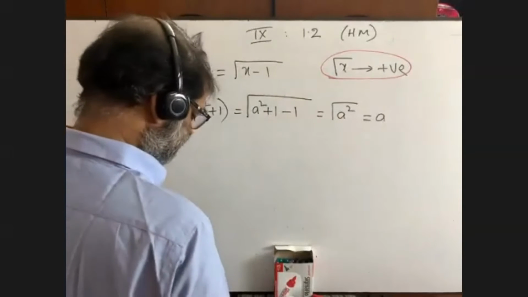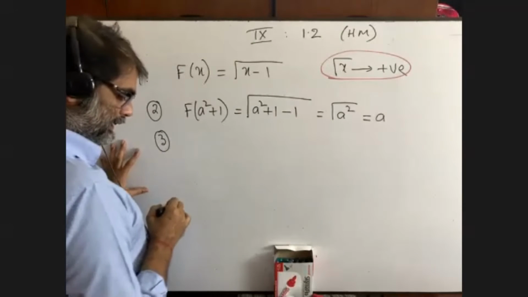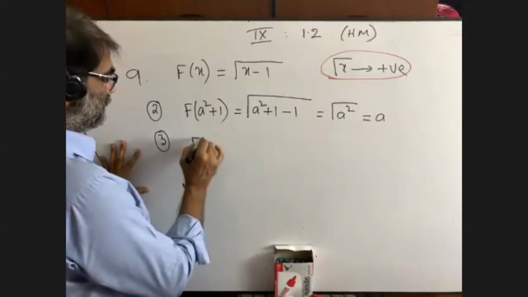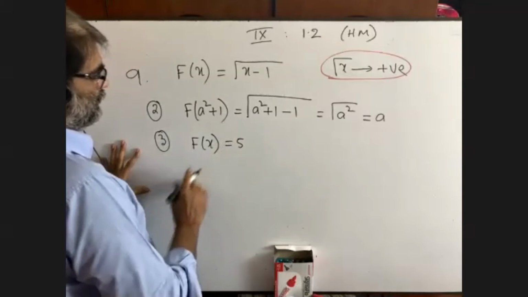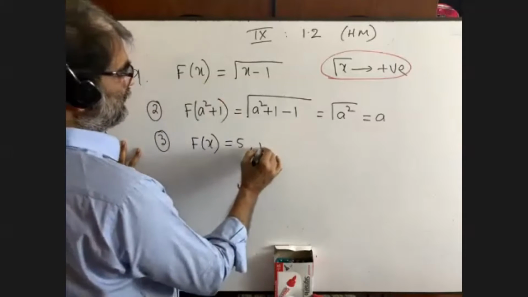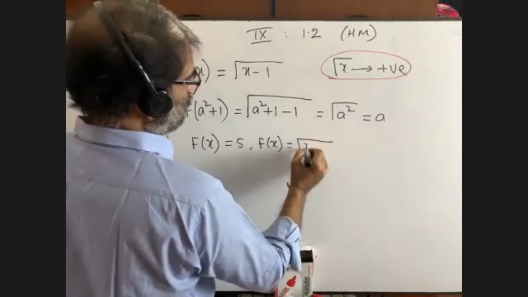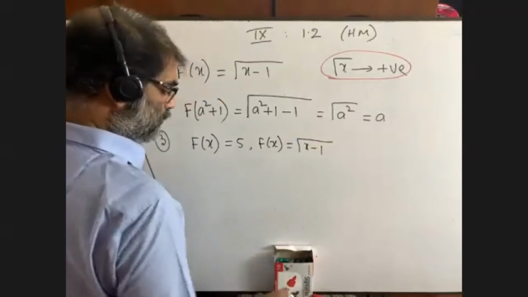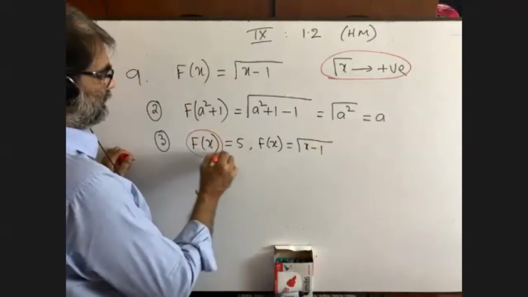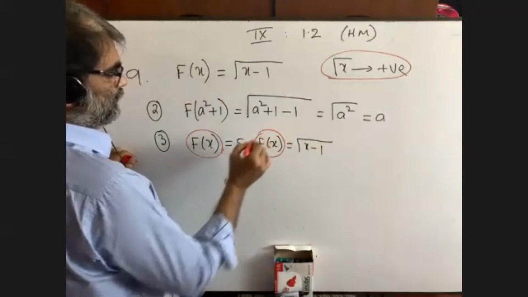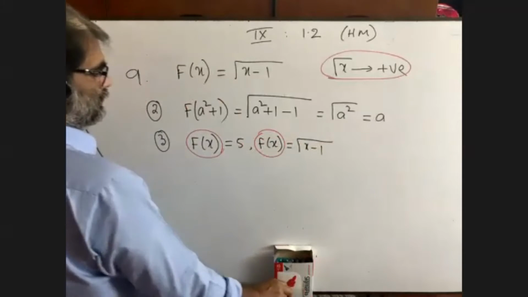Now you see number 3. If f of x equals 5, and it is given that f of x is equal to root over x minus 1, we have got the same left hand side. Left hand sides are same, so what is meant by this? Their right hand sides will be equal.